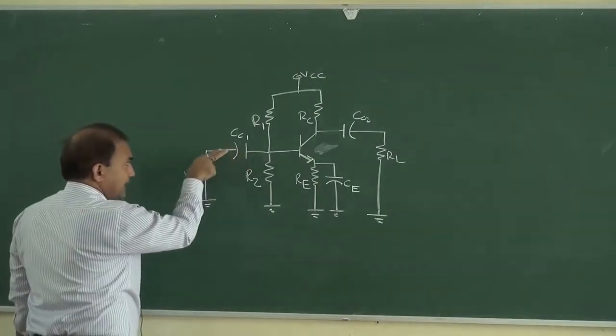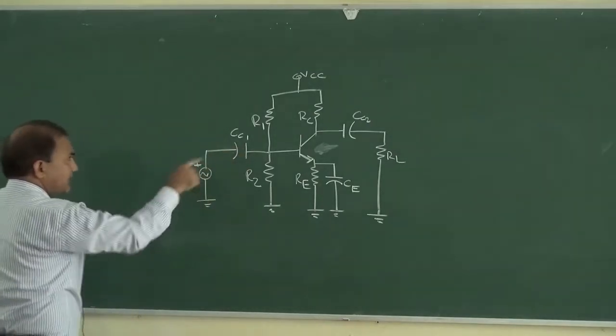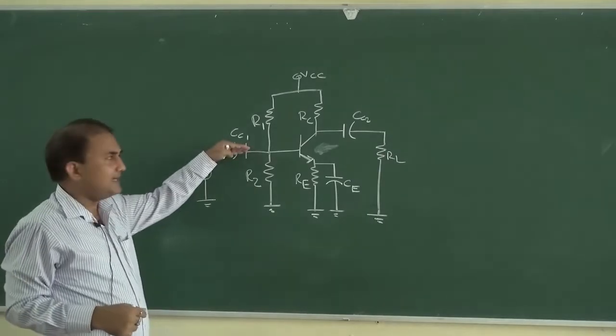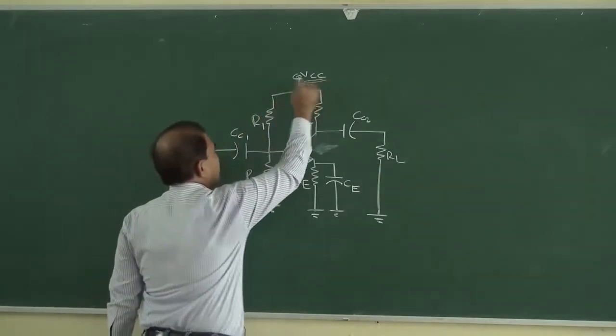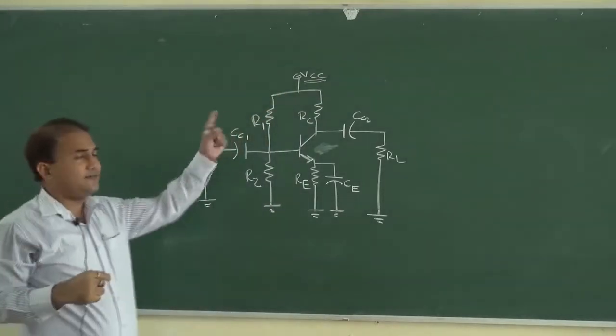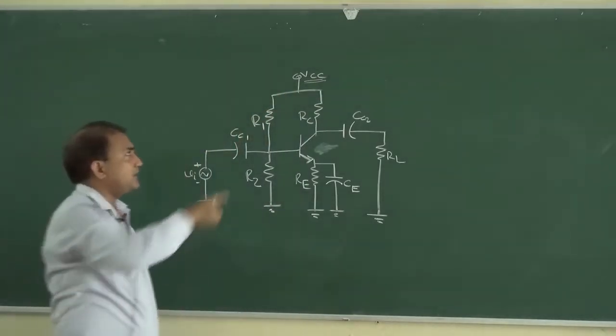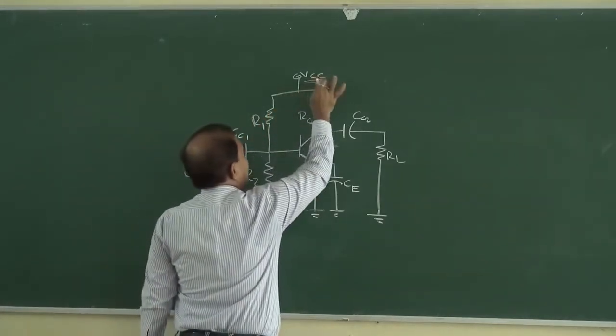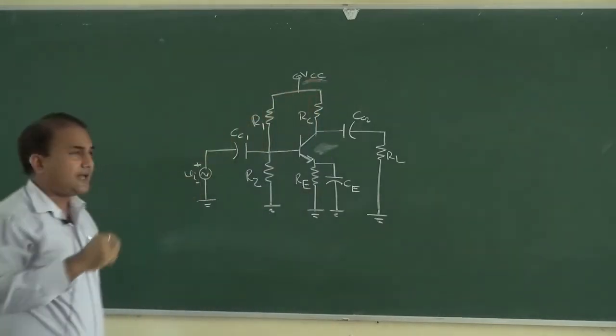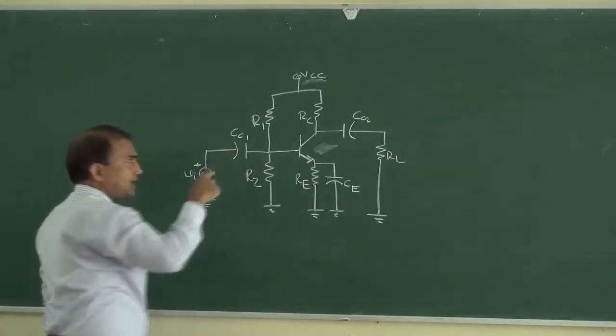All the capacitors have to be shorted. And the DC voltage source, here only VCC, we have to replace with ground, that is VCC will be equal to 0. As we saw in the previous class.